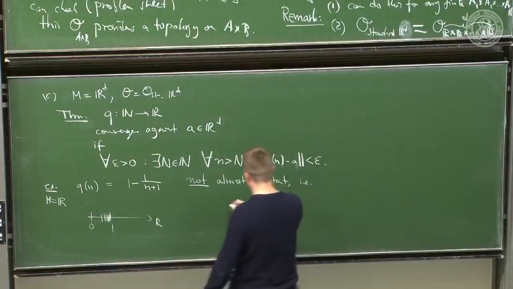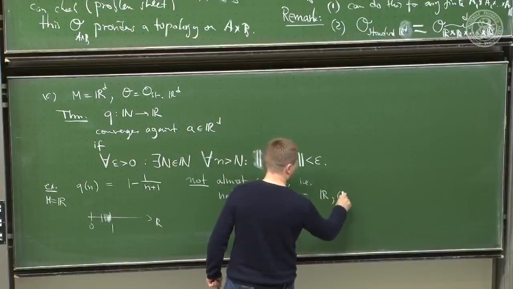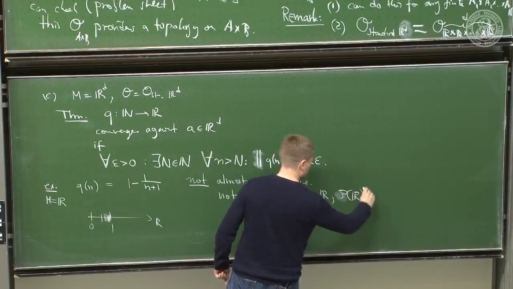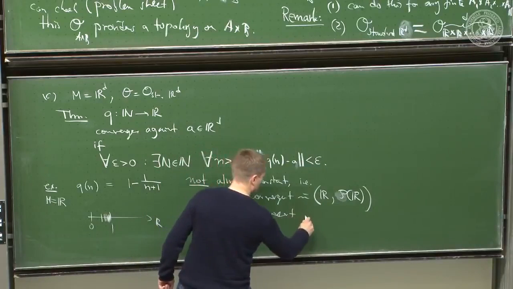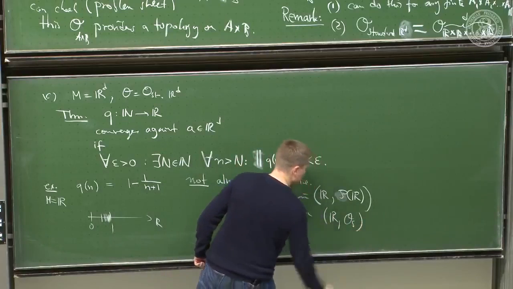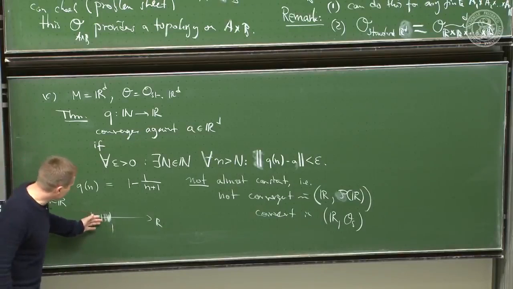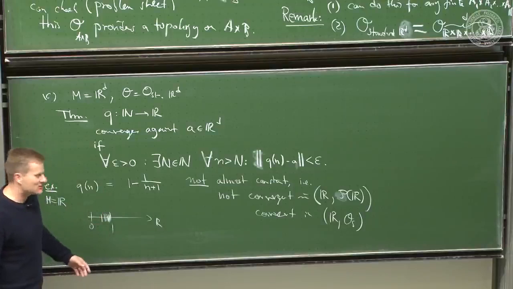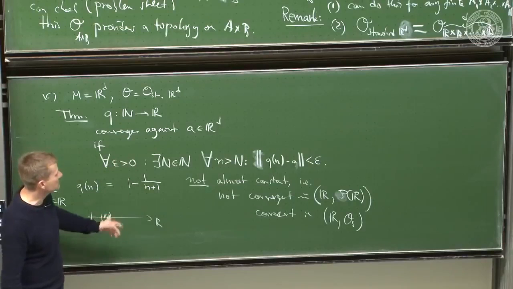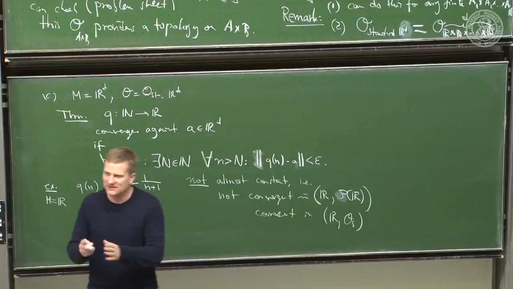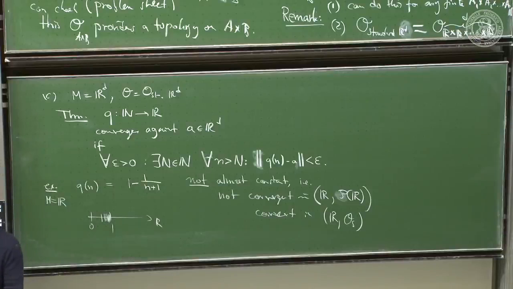That is not convergent in R equipped with the discrete topology on R, but it is convergent in R equipped with the standard topology. So if you look at this and say, well, it converges against 1, you have the intuition of the standard topology, and that you have because the standard topology uses the norm or the distance, and our intuitive feeling about convergence is about getting closer and closer and closer.